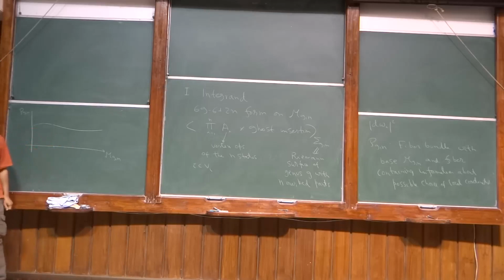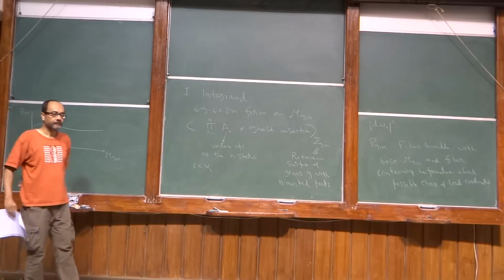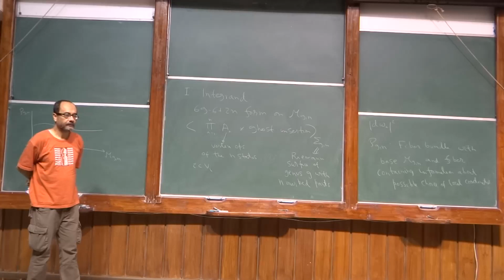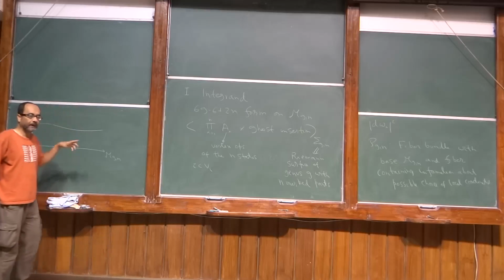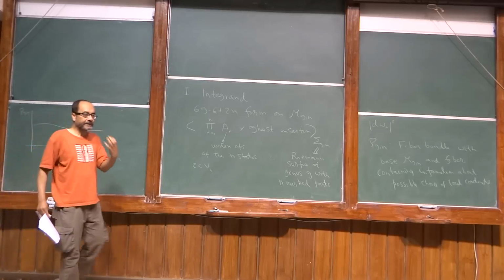So this is a statement at the level of the amplitude. If I am concerned only with the integrand, I have always fixed a point on M_{g,n}, and also a point on the P_{g,n} fiber, because to compute the integrand you have to fix the local coordinates.